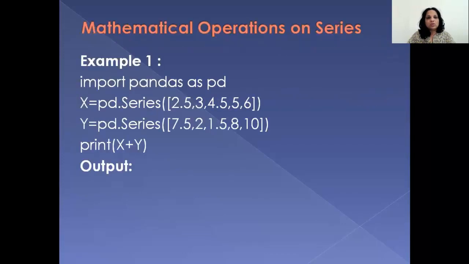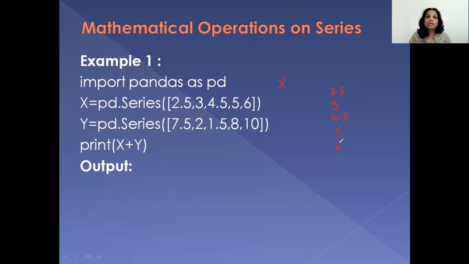Okay. So let's assume these are the two series that I have with me. Series X and series Y. Just for your understanding, let me draw out that series for you. So your X series would be something like this. The values given in the series are 2.5, 3, 4.5, 5, and 6.